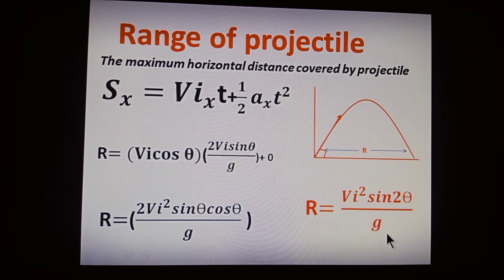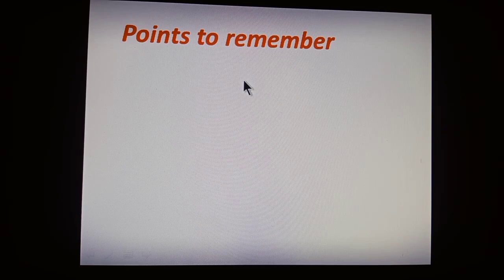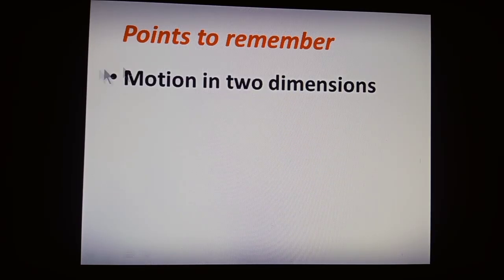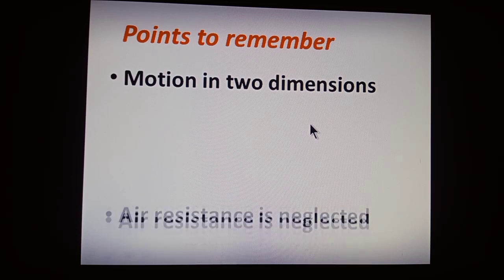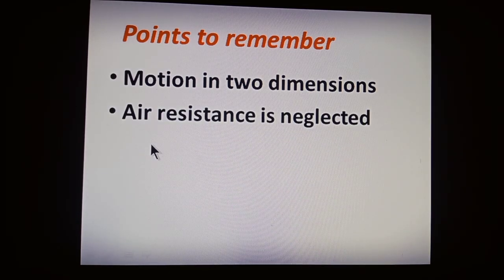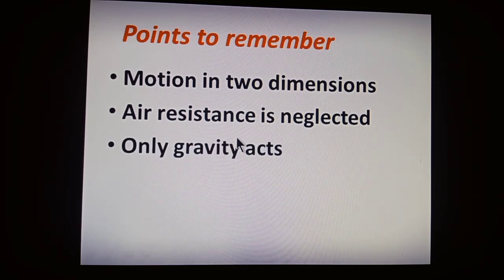Now to summarize all these things, there are few points to remember. Number 1, projectile motion is a motion in 2 dimensions. Number 2, in this motion we neglected air resistance. Air resistance is neglected while deriving equations for projectile motion.